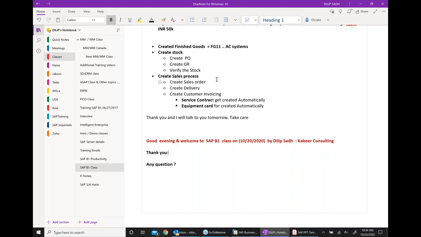And we have a service contract. Many times, customers call us and they have a problem, there are issues, and we need to solve them.